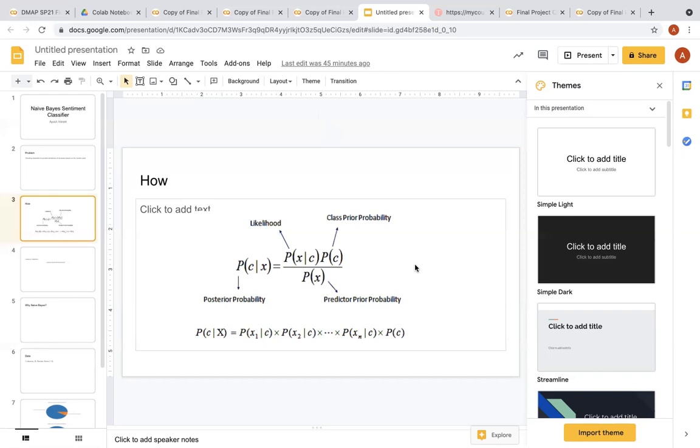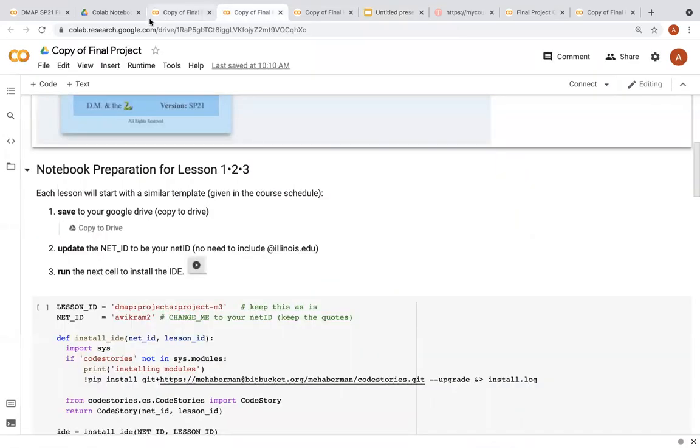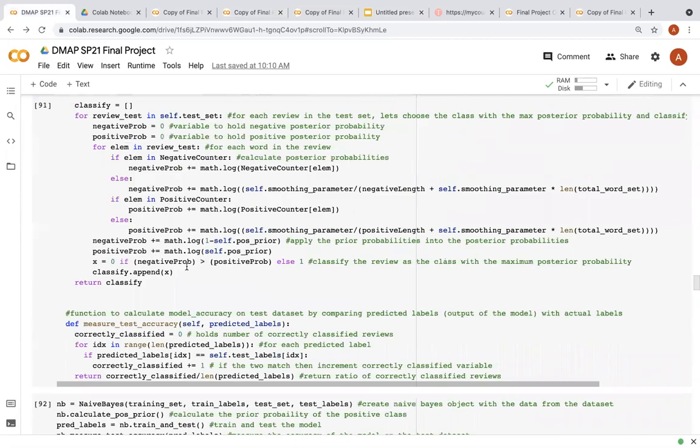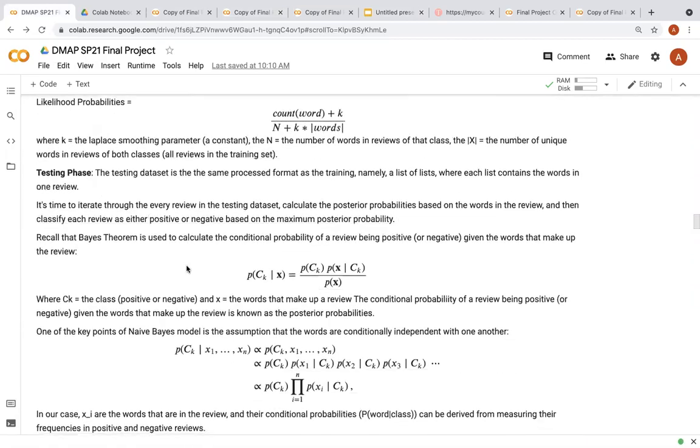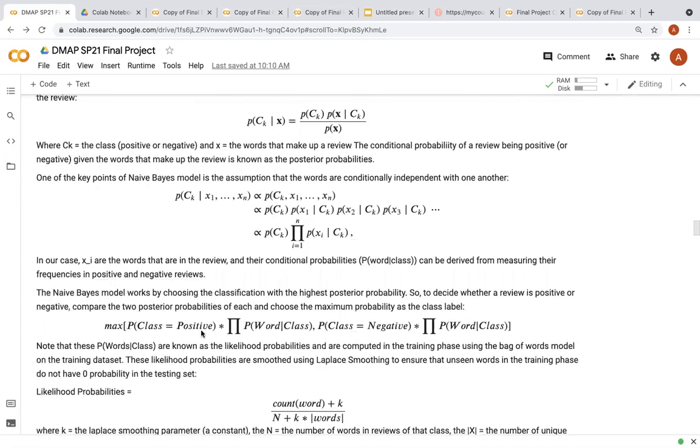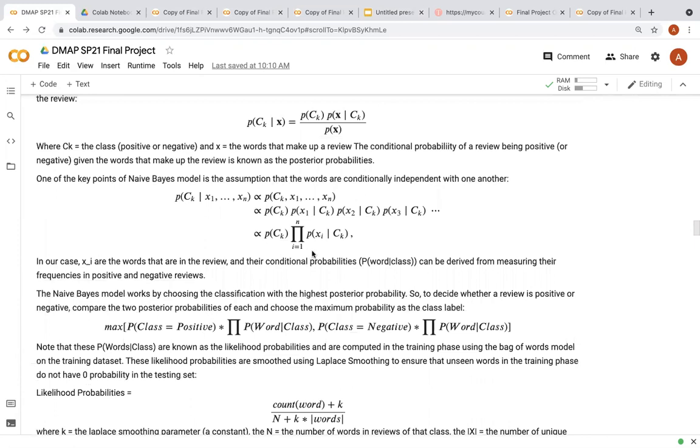To classify using this naive Bayes model, we have our posterior probabilities that we want to calculate, which is quite simply the likelihood probabilities times the prior probability.